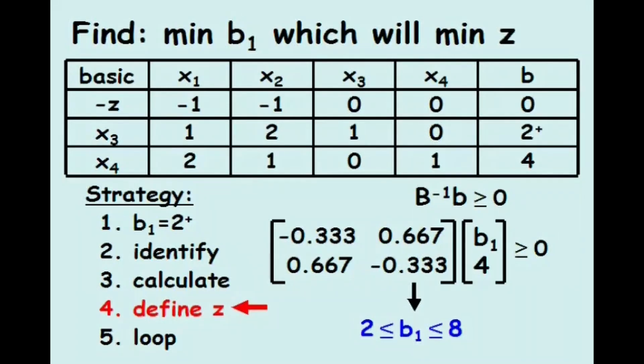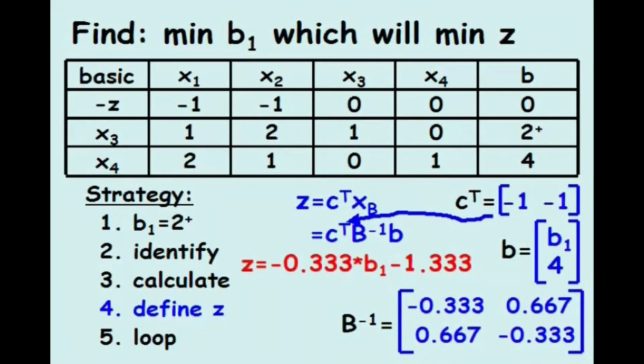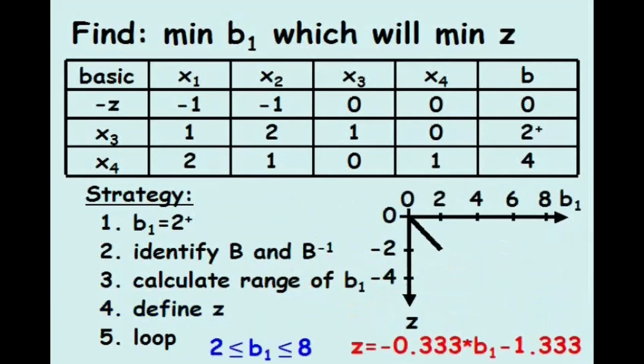As before, z equals c transpose B inverse b. After plugging in the appropriate values, we learn z equals negative 0.333 times b1 minus 1.333 for values of b1 between 2 and 8. If we add this line segment to the plot, we notice the value of z drops to negative 4 at b1 equals 8.